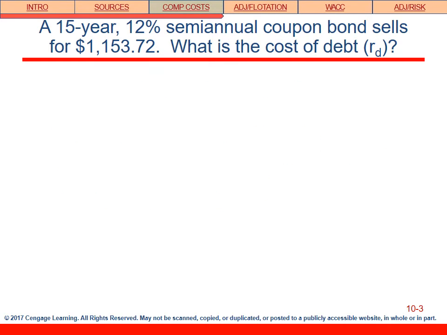So we've got that 15-year, 12% semi-annual coupon bond that sells for that current price of $1,153.72. What is the cost of debt? Well, that's finding the yield to maturity. So R sub D is equal to yield to maturity. So the before tax cost of debt is equal to the debt's yield to maturity.